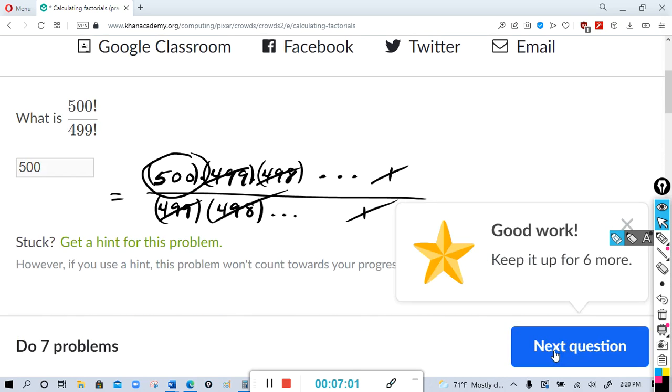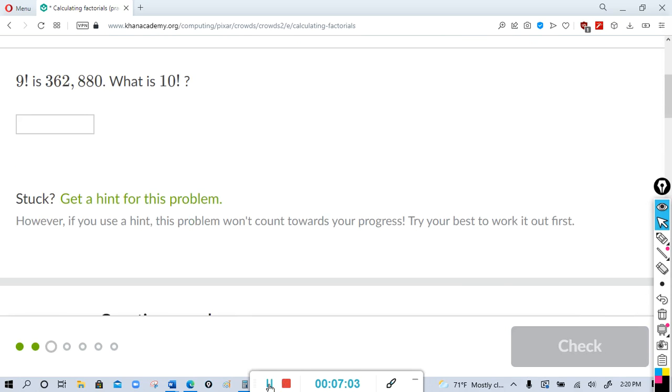Here's a good one. 9 factorial is 362,880. What is 10 factorial? If you have 10 factorial, that's going to be 10 times 9 times 8 times 7 and so on until you reach the number 1.